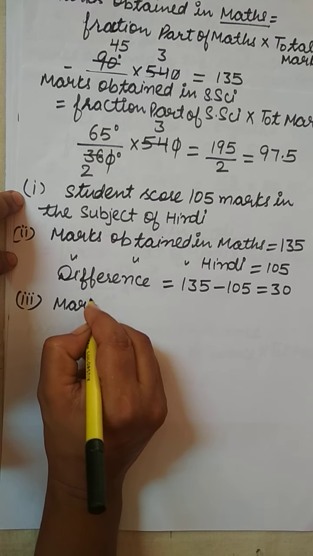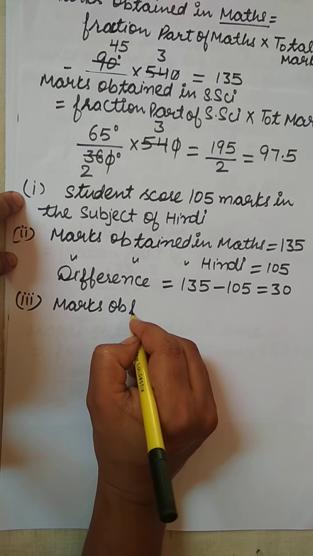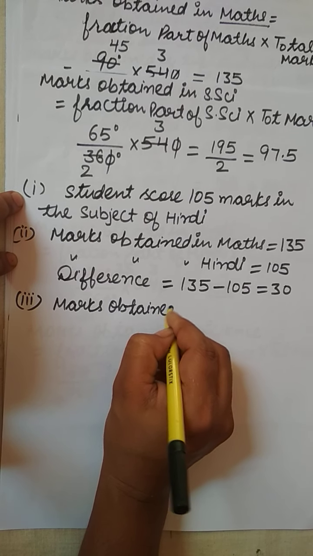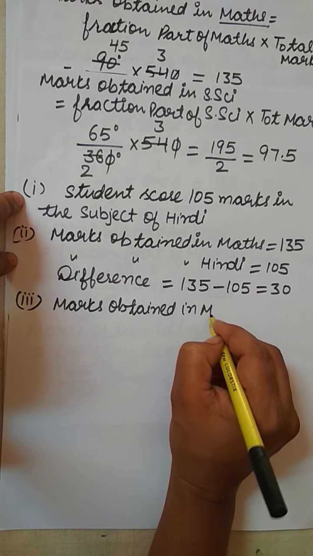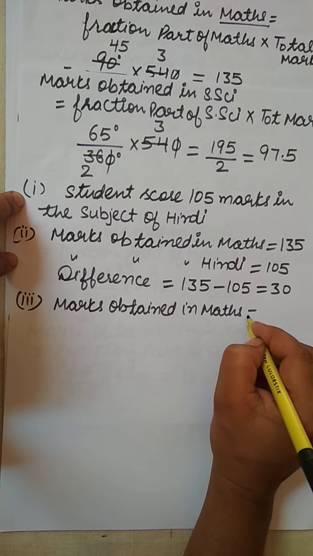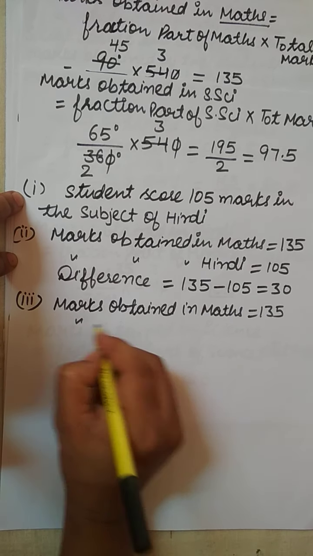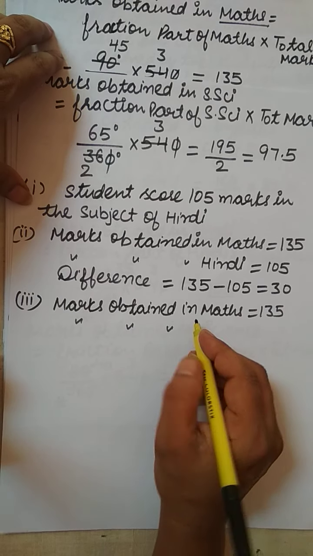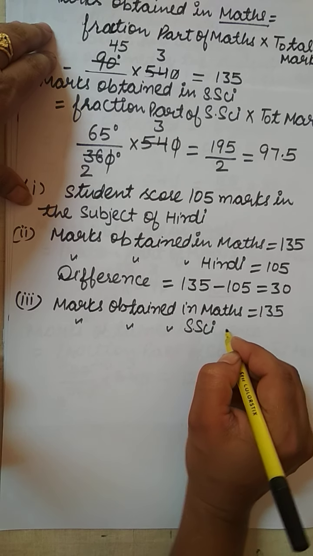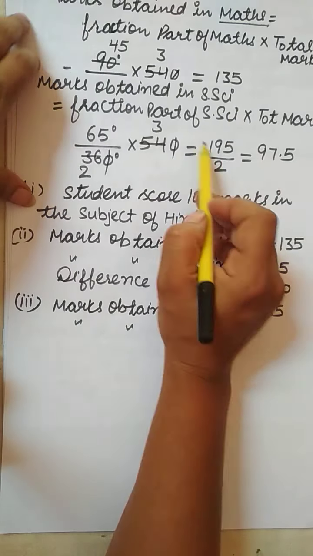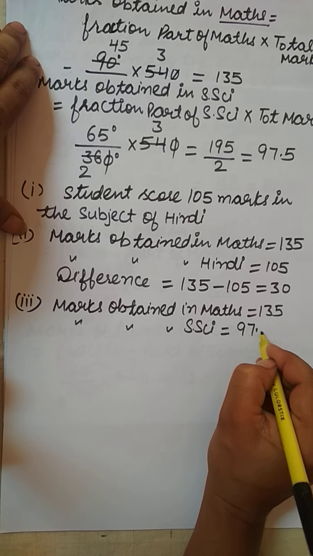Marks obtained in maths is equal to 135. Marks obtained in social science is equal to 97.5.